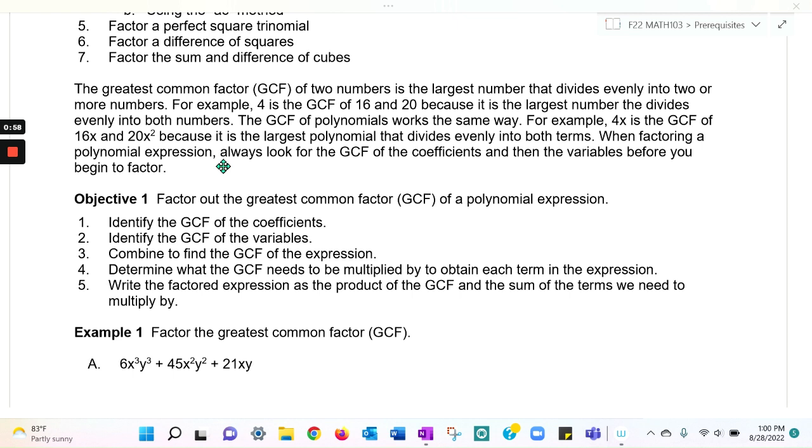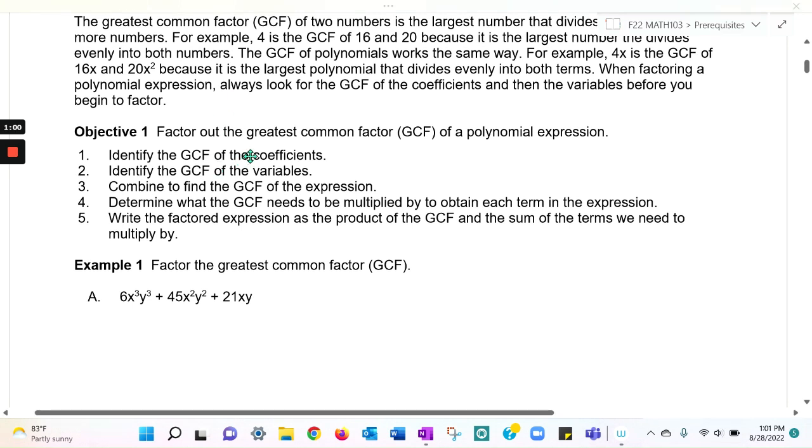I think it's going to be easier if we just look at one. For example, if you have 16 and 20, the largest factor that goes into 16 and 20 is 4. 2 goes into both, but it's not the biggest number that goes into both of them. 8 goes into 16, but it doesn't go into 20, so it's not common.